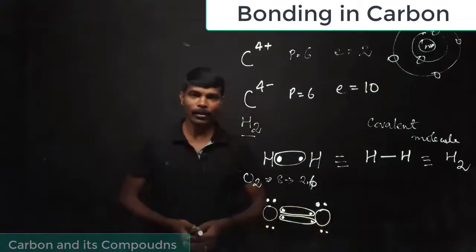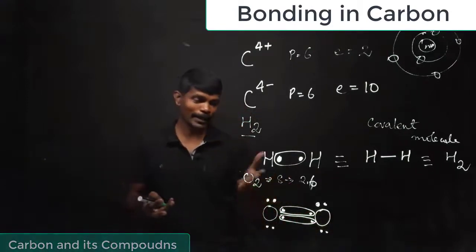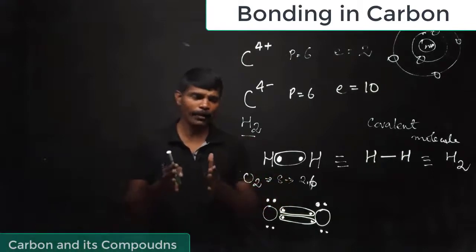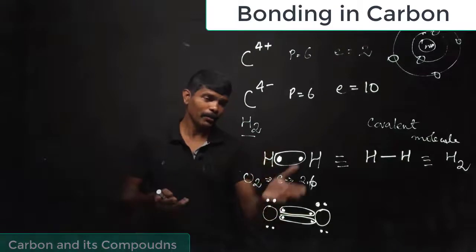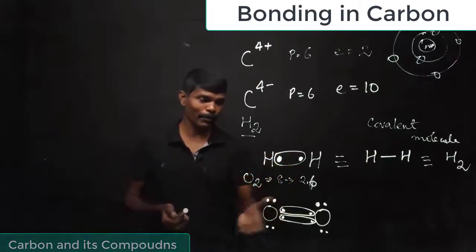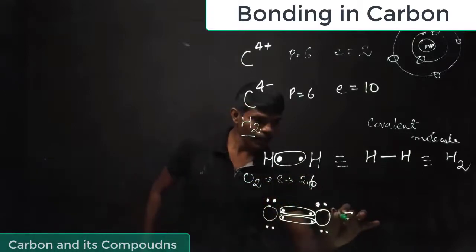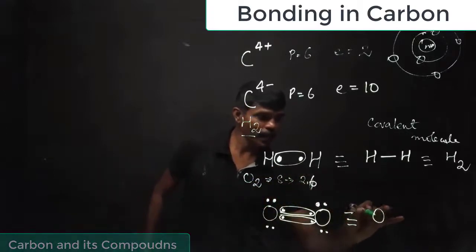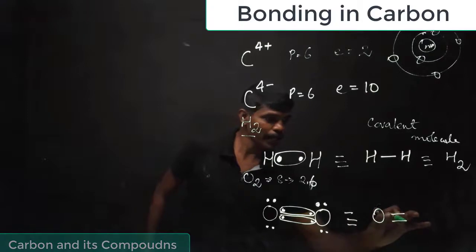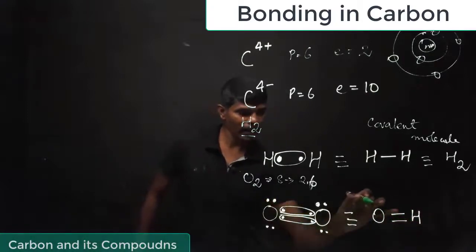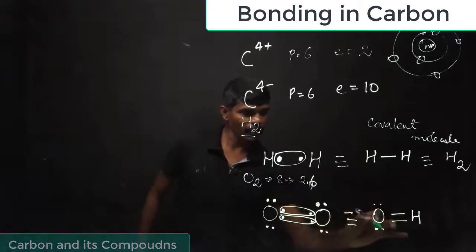Dear students, in your textbook the sharing process is done in a different way, which is a little bit difficult, so I felt that this would be the easiest one, so you can follow this way of sharing electrons. The corresponding structure can be written as oxygen, here 2 sharings, and oxygen, and the electrons you can mention.